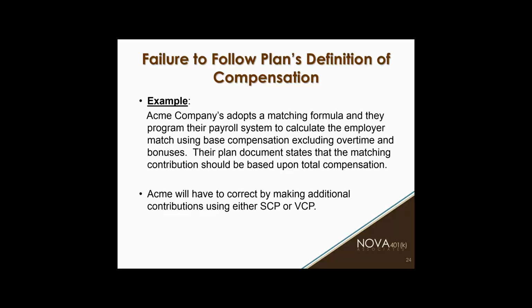And it might be correctable, self-correctable, or you might have to do a VCP filing as well, depending on how serious the problem is. But again, that can be an expensive issue depending on the number of people and the type of error that's involved when you're not computing your contributions on the right definition of pay.